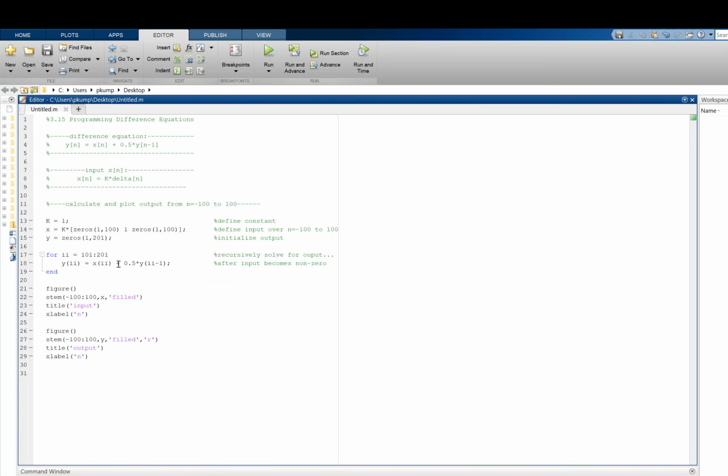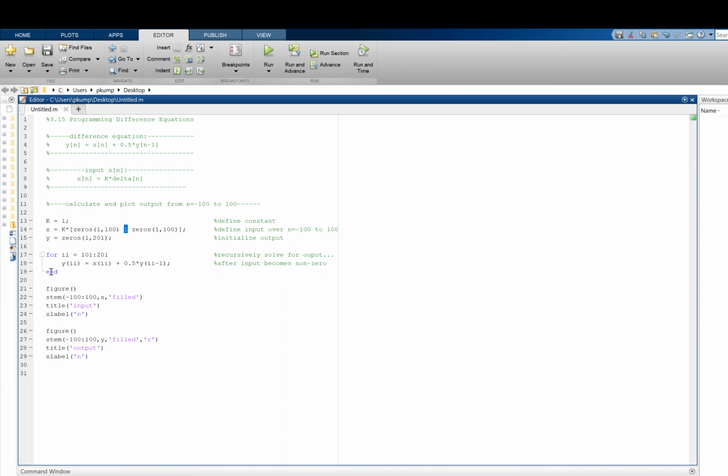This is the recursion part. That previous sample is 0. And the 101st sample of x corresponds to this 1, because there are 100 zeros first, then at the origin x is 1. So the 101st sample of y is 1.